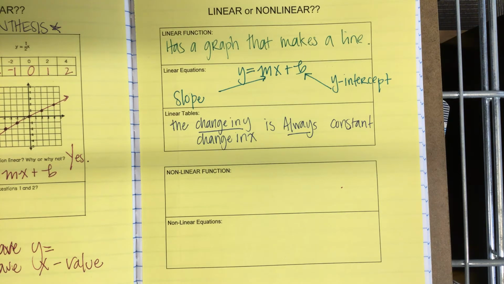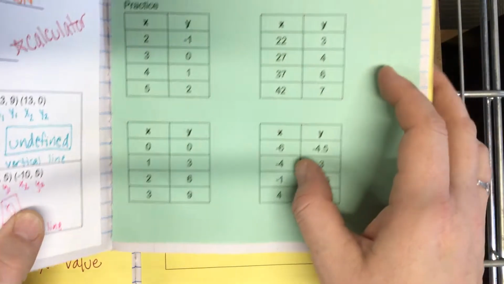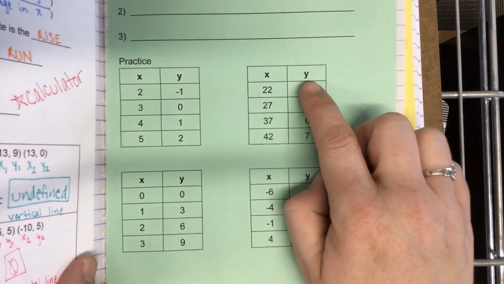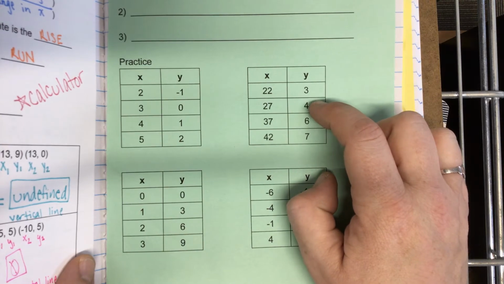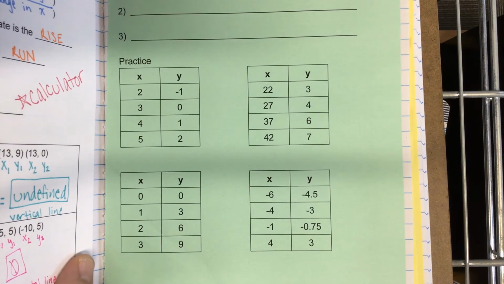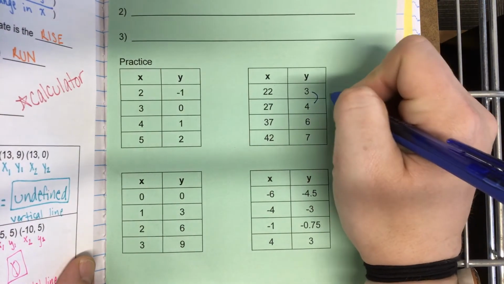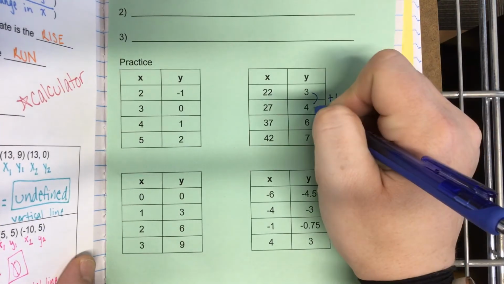You need to make sure the change in y and the change in x are always constant. From 3 to 4 is 1. Yes? This is on page 33 of our notebooks. But what's here?